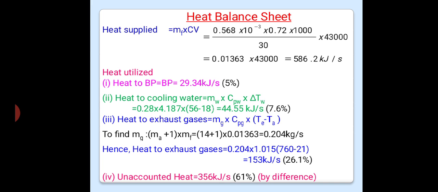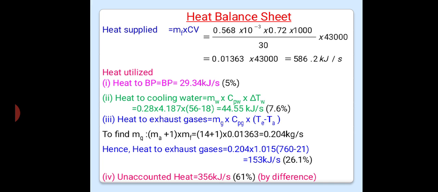After substituting, heat to the cooling water is 44.55 kilojoule per second, which is 7.6%.